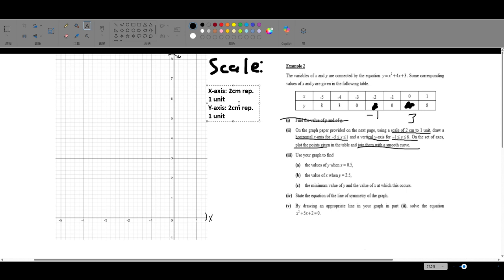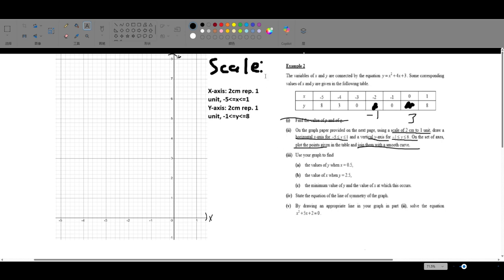Remember to put the range. For example, in this case is negative 5 ≤ x ≤ 1, and this is negative 1 ≤ y ≤ 8. Simple as that.